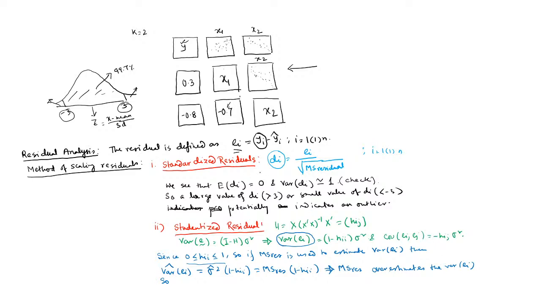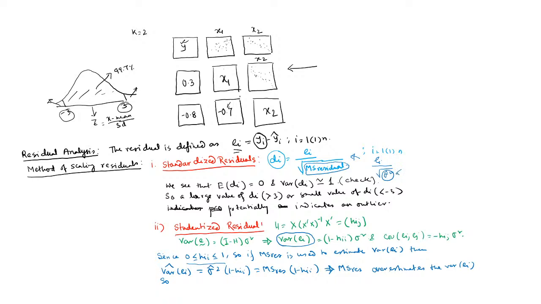See that in the standardized residual I use the Z score, which is observation minus mean. Because the mean of e_i equals 0, it is e_i divided by the SD, which is root over sigma square. Since sigma square is unknown, we replace it by sigma hat square, the MS due to residual.